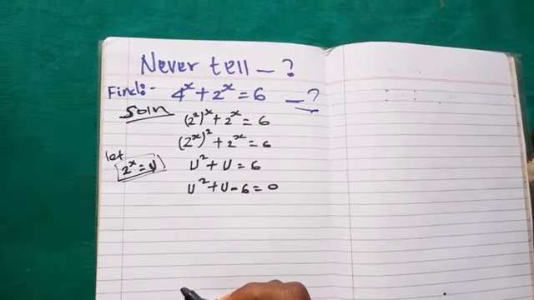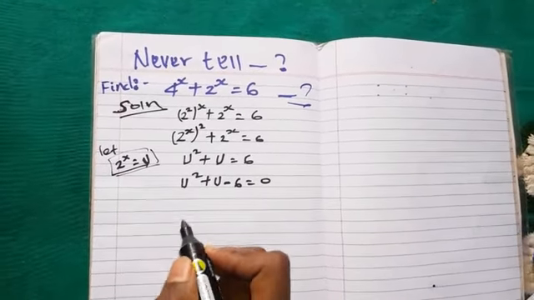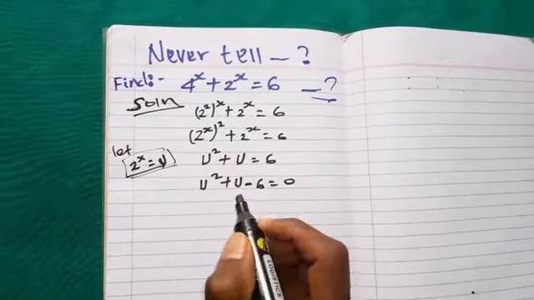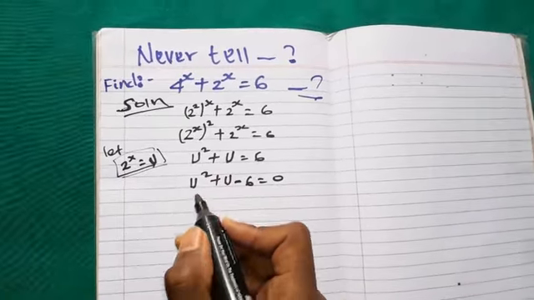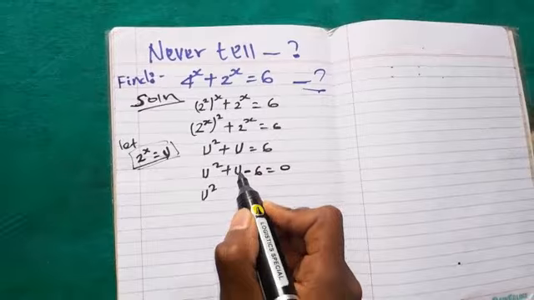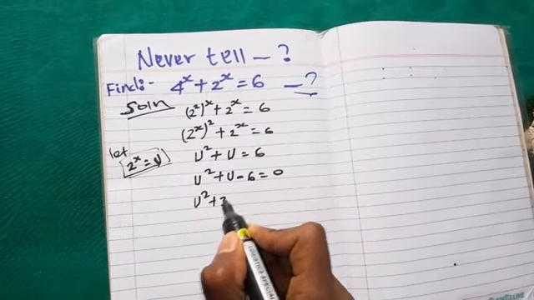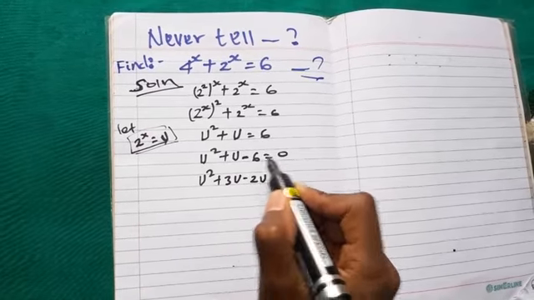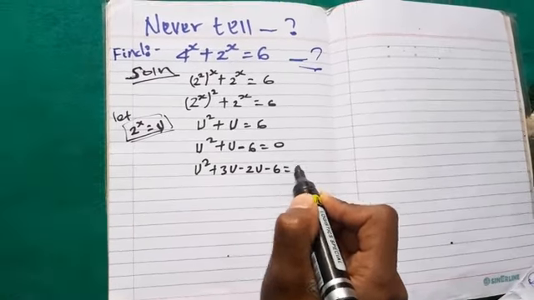After that, u squared plus 3u minus 2u minus 6 is equal to 0.